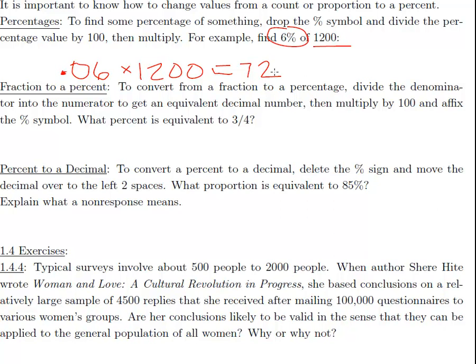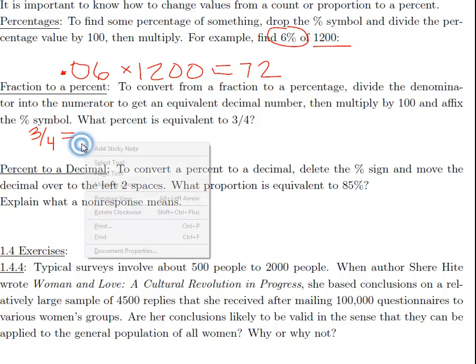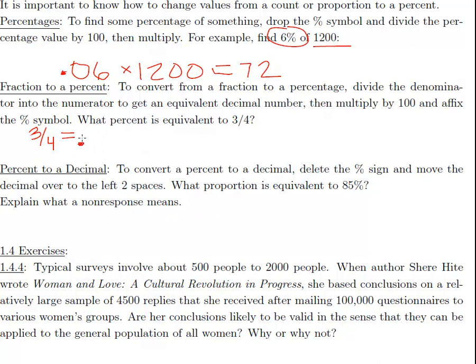Okay, turning a fraction to a percent, I just make that a proportion. If I can do it in my head, fine, or I can use the calculator. This one's pretty easy to do in the head. So I have 3/4. I know that's equal to 0.75. I can get that on my calculator. And I want to make that into a percent, so I just move the decimal over 2 spots to the right.